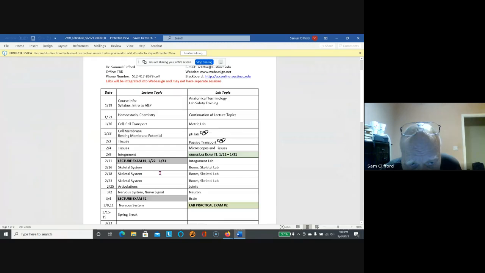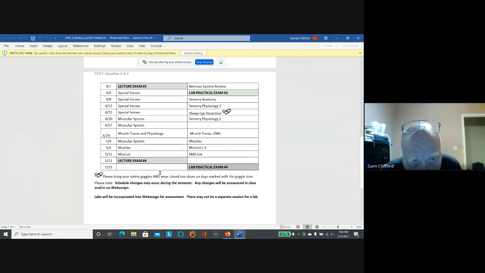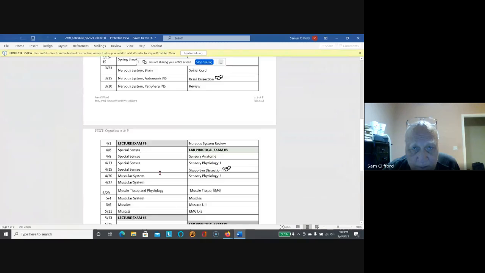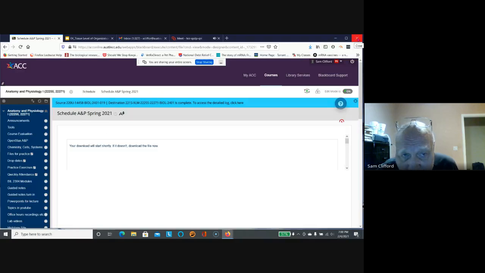These are the good dates for when everything is going to be due. I'll send out more information and make sure I'm communicating with you, but always ask any questions that you have.